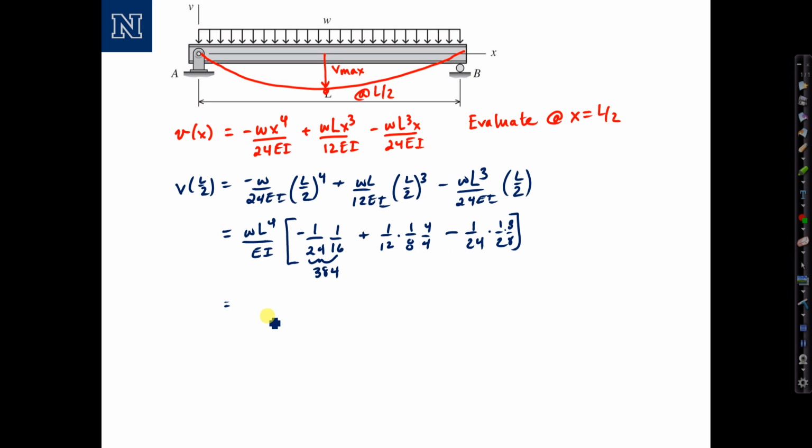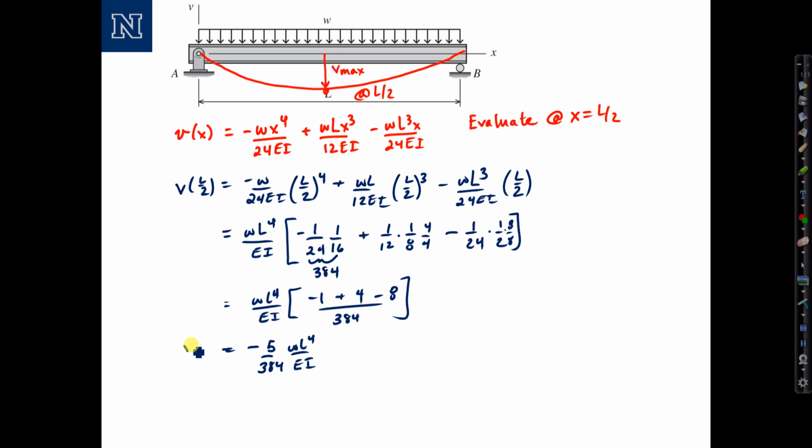So putting everything together, we have wL to the fourth over EI times negative 1 plus 4 minus 8 over 384. This reduces to negative 1 plus 4 is 3, minus 8 is negative 5, so negative 5 over 384 wL to the fourth over EI.